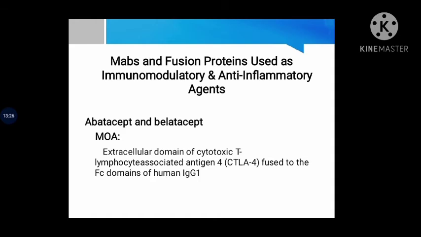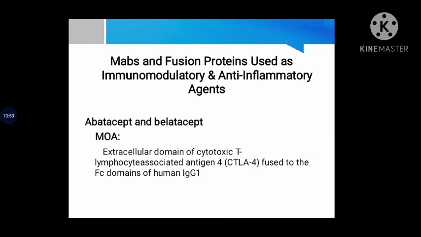So, the next type of monoclonal antibodies is MABs and fusion proteins used as immunomodulatory and anti-inflammatory agents. So the example of this type is abatacept and belatacept, which are recombinant fusion proteins.